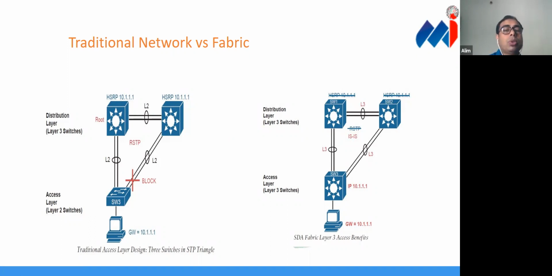Switch 1 and switch 2 have layer 3 capabilities. The gateway is on the distribution layer, and they use HSRP, Hot Standby Router Protocol, for redundancy. I also discussed this and provided a lab for this type of protocol.